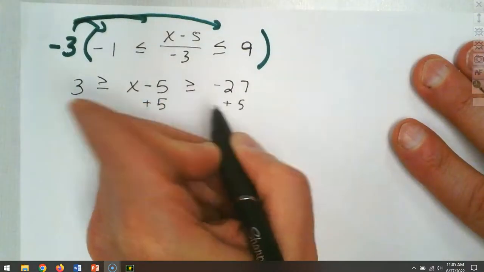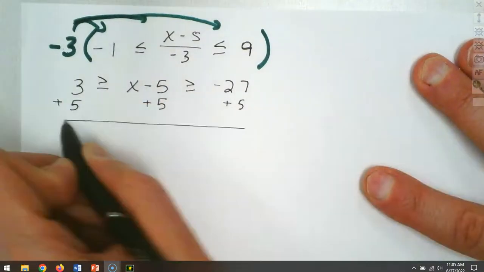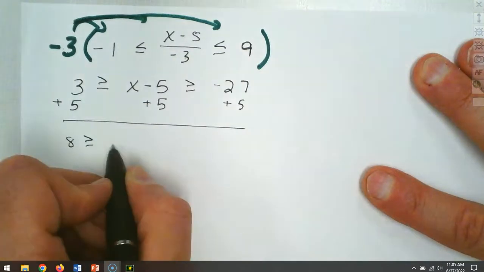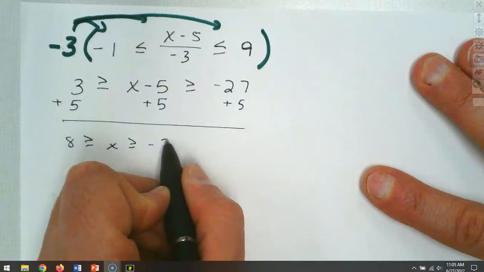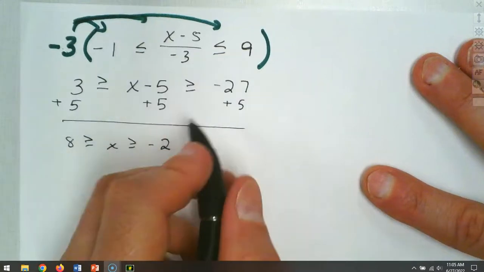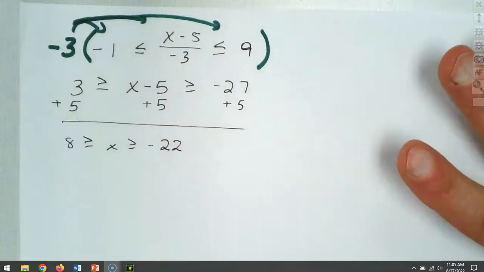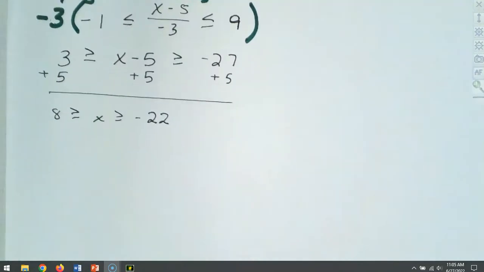We add our 5's, and that's going to make it a negative 22. Positive 8 on the left, negative 22 on the right.